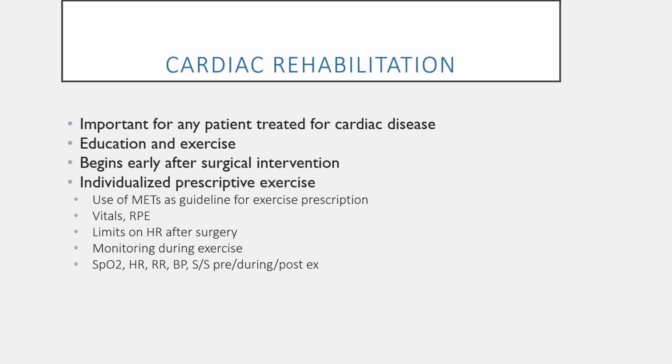Cardiac rehabilitation is important for any patient treated for cardiac disease. It includes education and exercise. It begins early after surgical intervention and is individualized prescriptive exercise. It uses the metabolic equivalents or METs as guidelines for prescription of exercise.